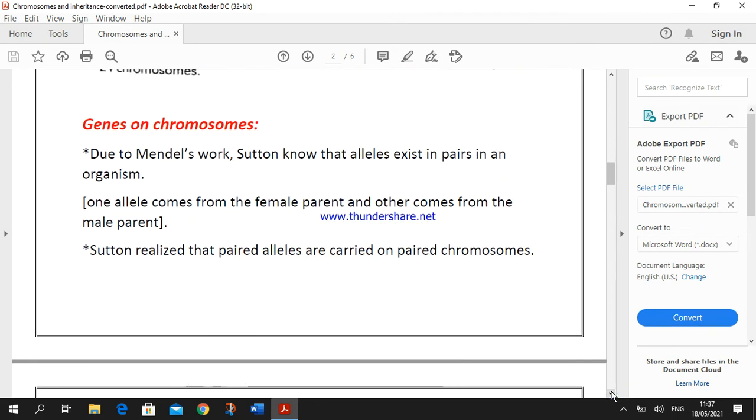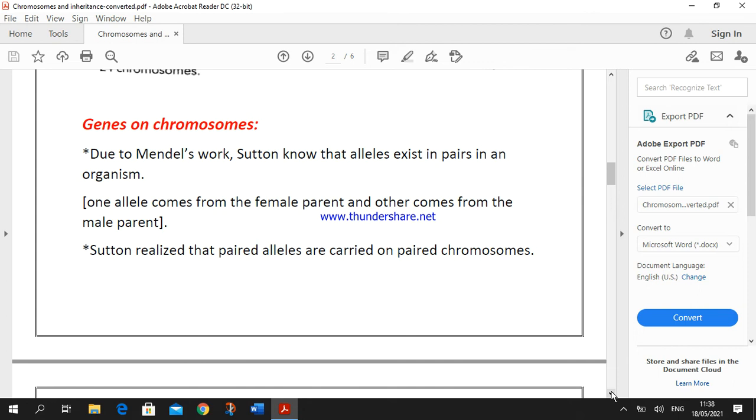Due to Mendel's work, Sutton knew that alleles also exist in pairs in an organism, and one allele comes from the female parent and the other comes from the male parent. And Sutton realized that the paired alleles are carried on paired chromosomes.